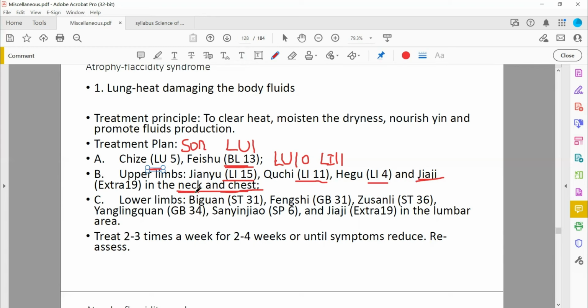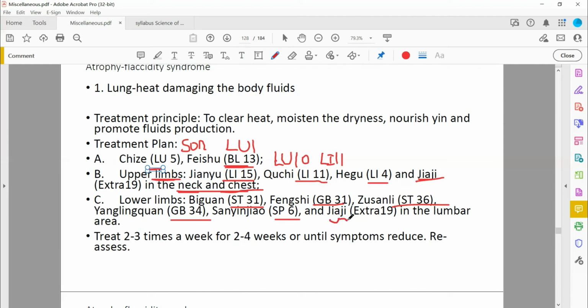Right, for the upper limbs. And for the lower limbs, use 髀关 ST31, 风市 GB31, ST36, GB34. Still, these are local points on the leg from the thigh to the lower limb.